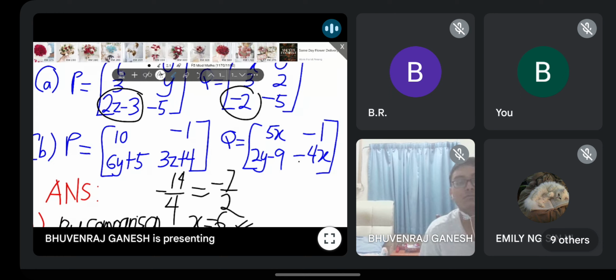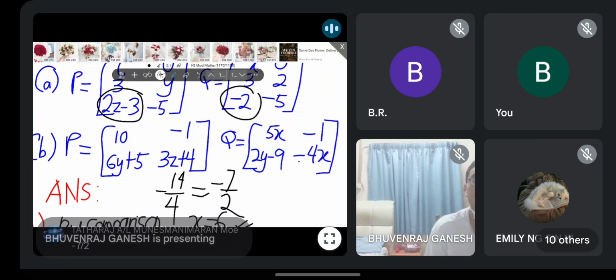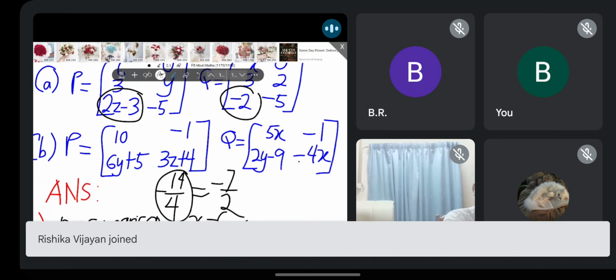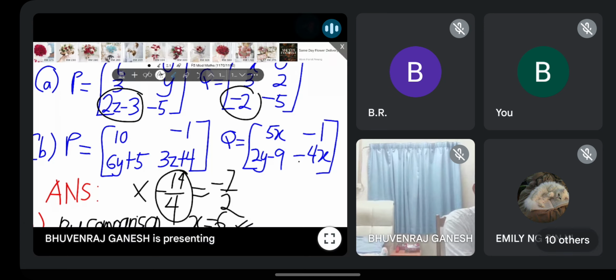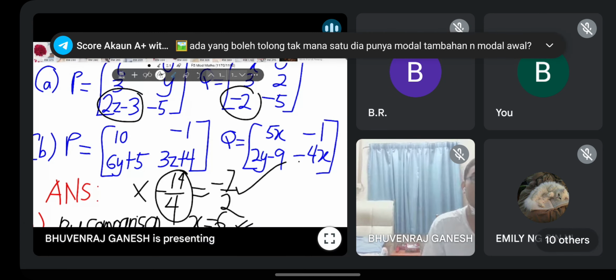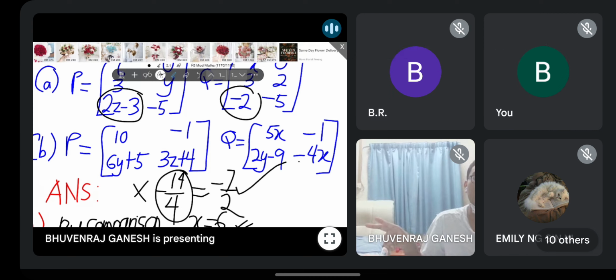It must be in the simplest form. So negative 14 over 4 is not the simplest form. Negative 7 over 2 is the simplest form. So if you write this, you might lose the mark. But if you write this, then it's correct. Both have the same value, but only the simplest form will get the mark. All right, so this one thing you all must take note.